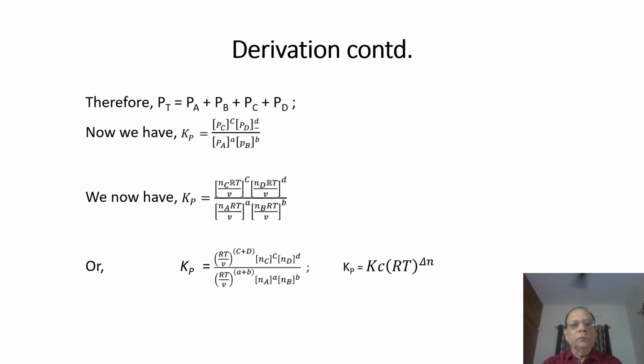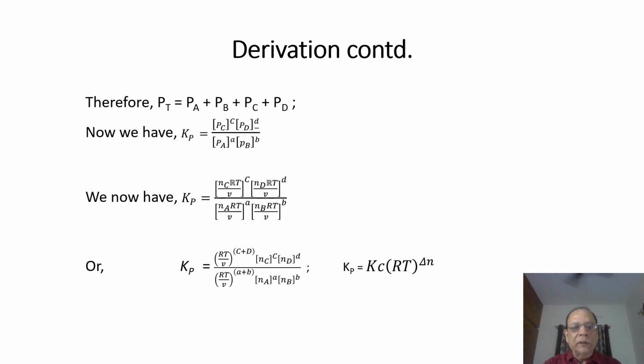So total pressure PT is equal to the partial pressure of A plus partial pressure of B plus partial pressure of C plus partial pressure of D. And therefore Kp is equal to the partial pressure of C raised to the power c into the partial pressure of D raised to the power d divided by the partial pressure of A raised to the power a and the partial pressure of B raised to the power b.